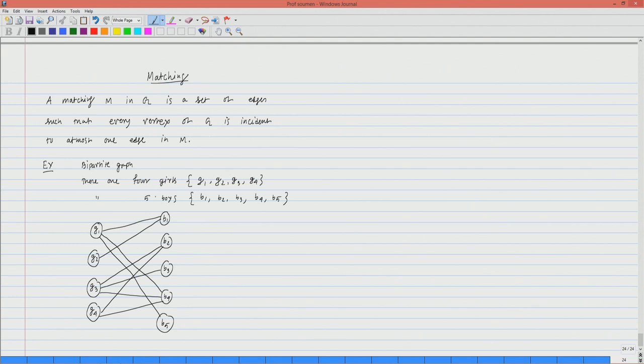So, let me give one example of a matching here.